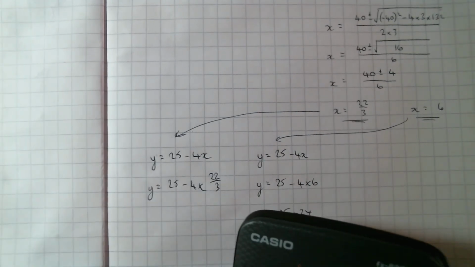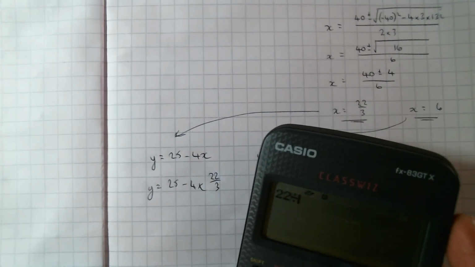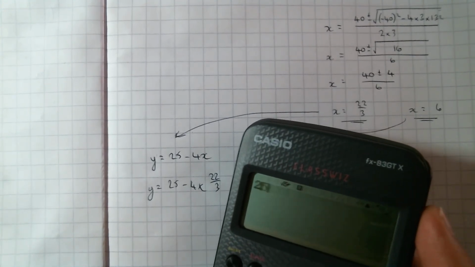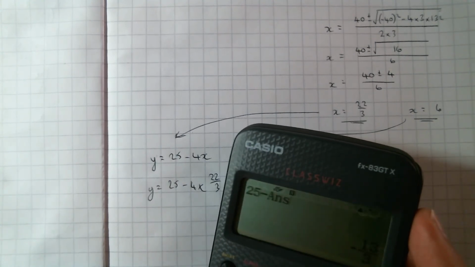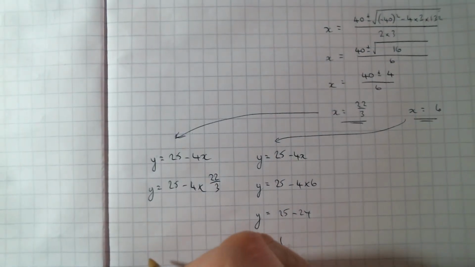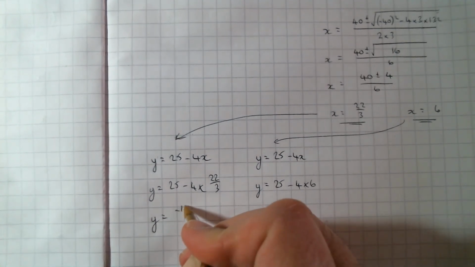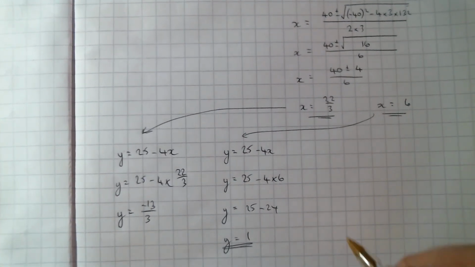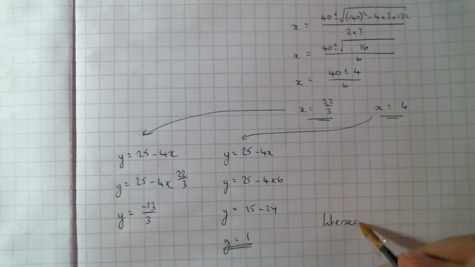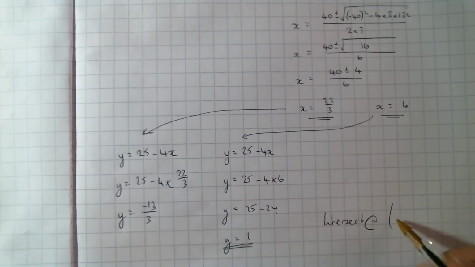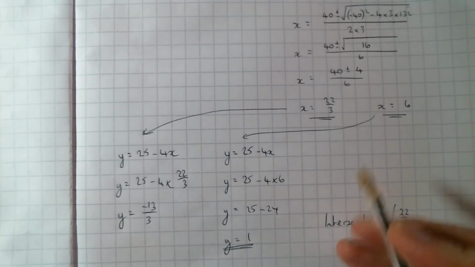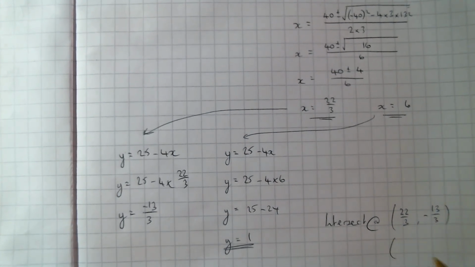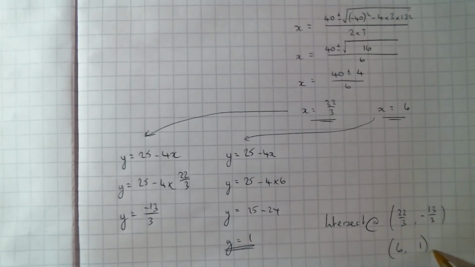And for this one, I'll just do it quickly. 22 thirds times 4, 25 minus that answer button gives me negative 13 thirds. So these intersect at an x value of 22 thirds pairing up with negative 13 thirds, and an x value of 6 pairing up with a y value of 1.